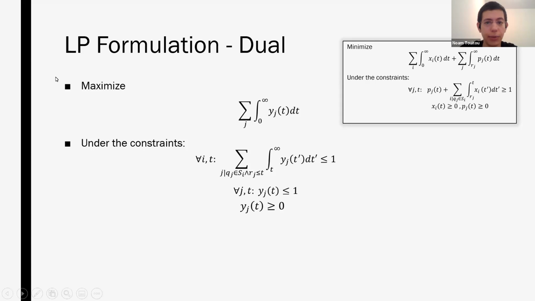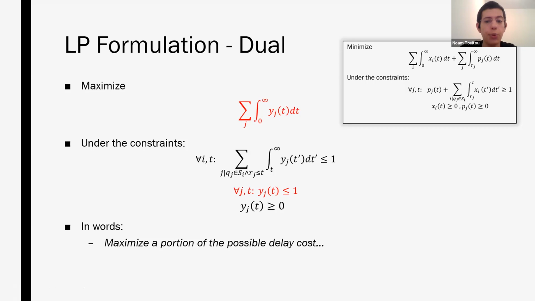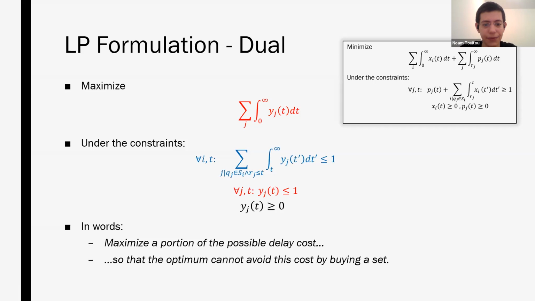So I won't dwell much on this primal LP, but for the dual LP, I would like to outline its structure. So this can be seen as you would like to maximize some portion of the possible delay cost. That is, y_j^t is at most 1, which is the maximum current delay of qj. And you would like to maximize some portion of those delay costs, the sum over the yj's. But you cannot charge the optimal solution a cost that it can avoid by buying a set.